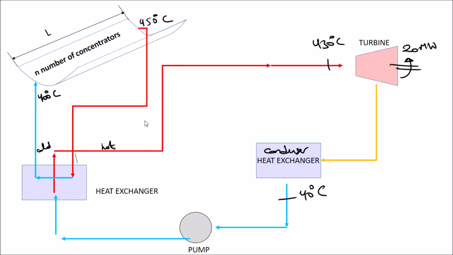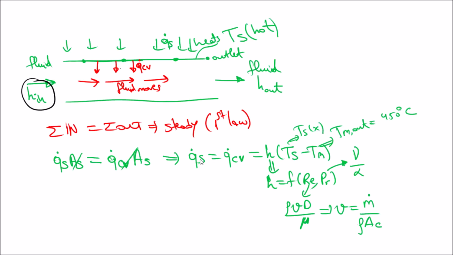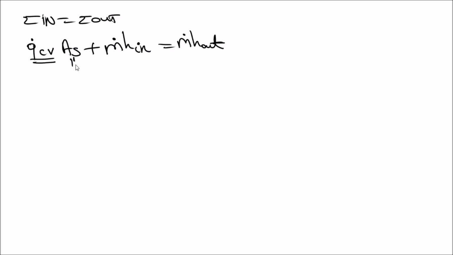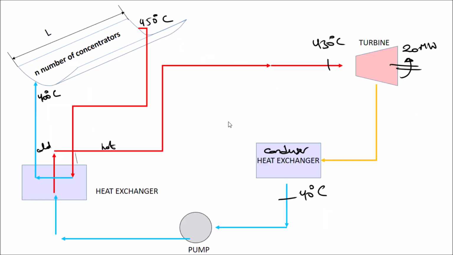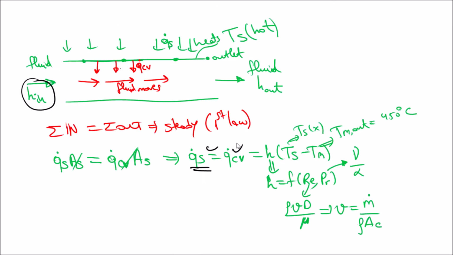From here, if I write the equation in full form, you will have QCV, which is exactly the same as QS, I know it. And AS is pi d L, the surface area of the tube. If you go back to here, this is the surface area of the tube: you have the length from here to that point, and the perimeter.